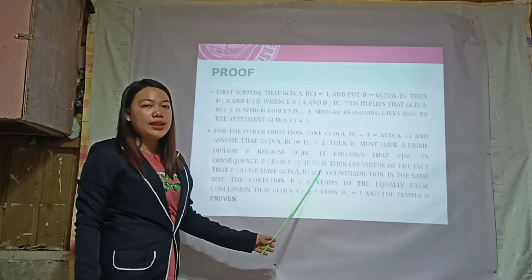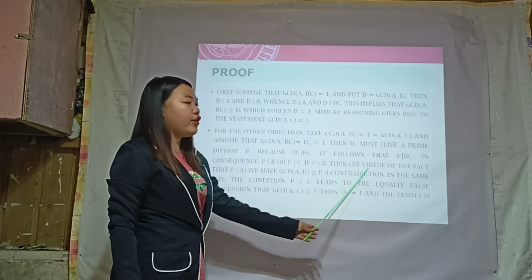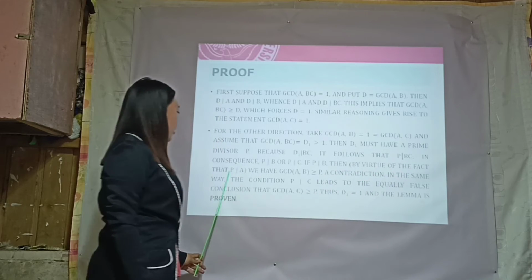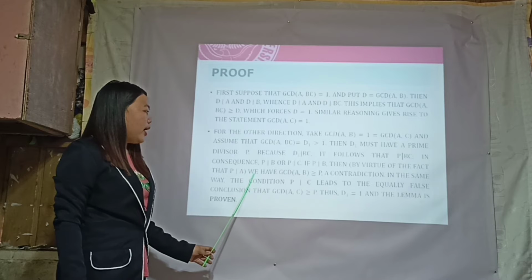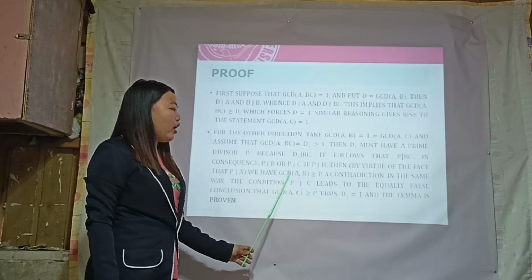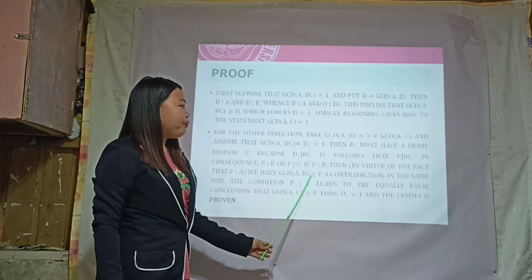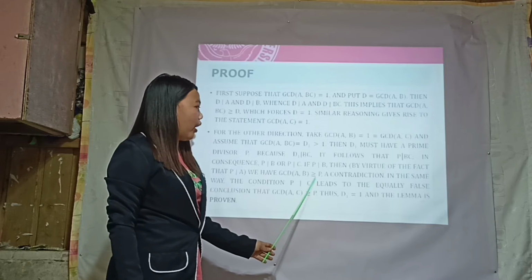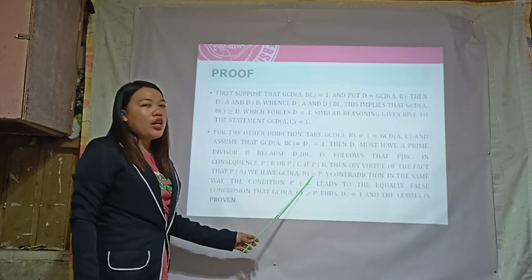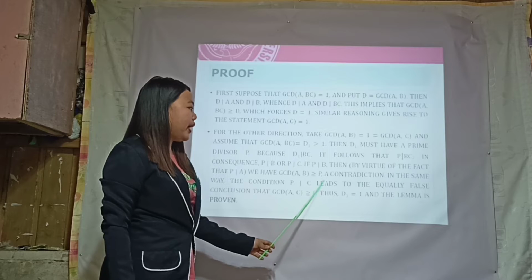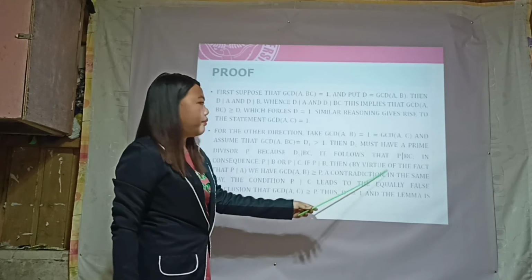If p divides b, then, by virtue of the fact that p divides a, we have GCD of a and b greater than or equal to p, a contradiction.